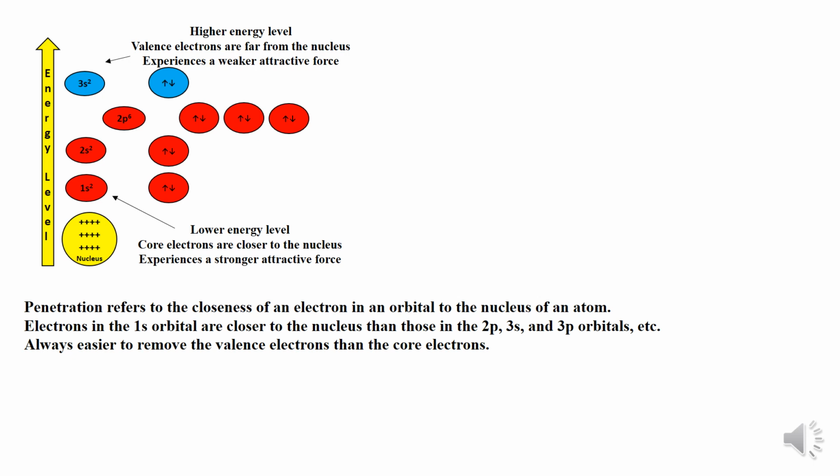So it will always be easier to remove the valence electrons than the core electrons because of the penetration effect. Closer the orbital to the nucleus, the more difficult it is to remove the electrons from these orbitals. So, these are some of the important factors affecting the ionization energy.